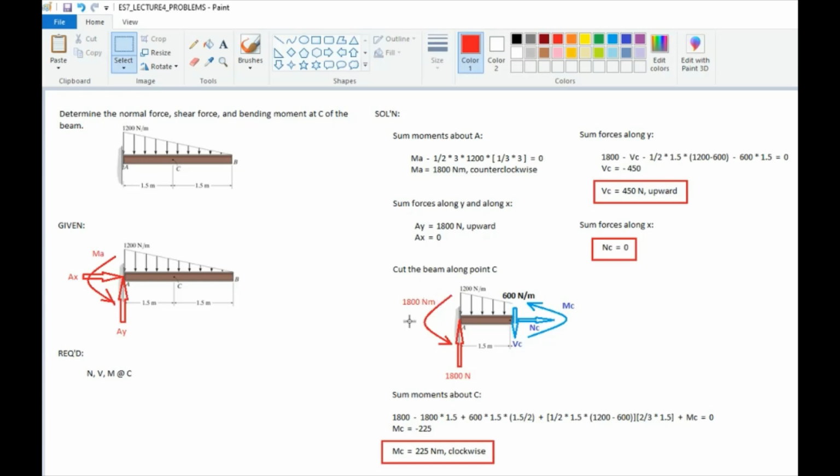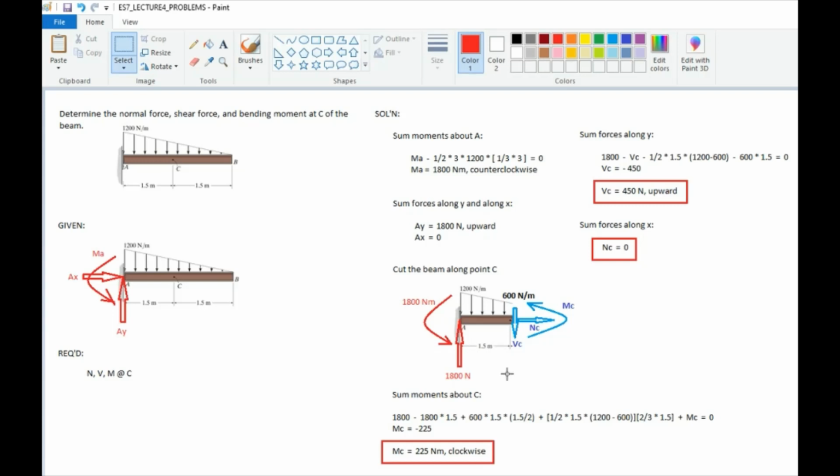This is our moment. It's counterclockwise in direction, so it's positive. And then, the 1,800 Newton force is negative, clockwise. So, negative 1,800 times 1.5 meters.